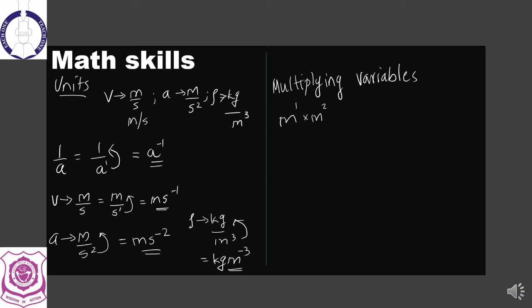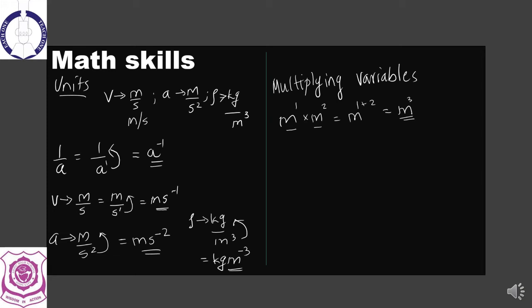Here you can see that the base is the same for the variable. As per the lesson of indices, when variables of the same base are multiplied, you can add the powers. So I can rewrite this as m to the power of 1 plus 2, which gives m to the power of 3. So if you multiply m times m square, you get m cubed.